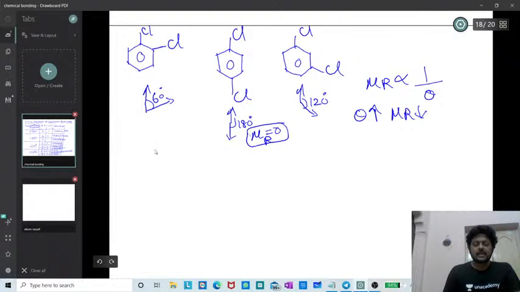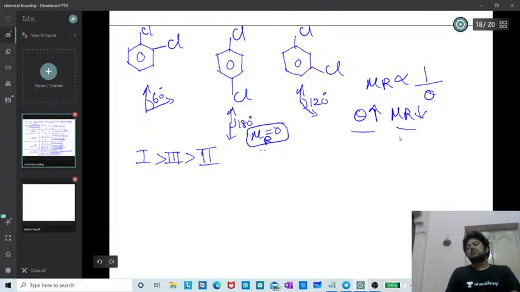So which one has the highest dipole moment? First compound, next third compound, and the least is the second compound, which is 0. Why? Because as theta increases, nu-r decreases. When theta is 180, nu-r is equal to nu1 minus nu2. Here nu1 and nu2 are both the same, both are C-Cl bonds. Okay.